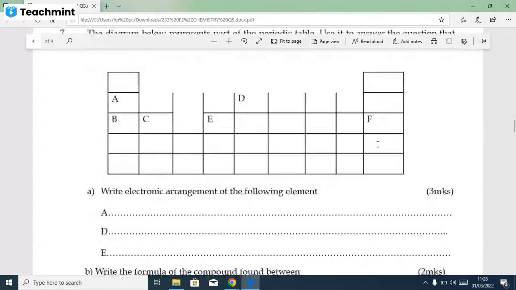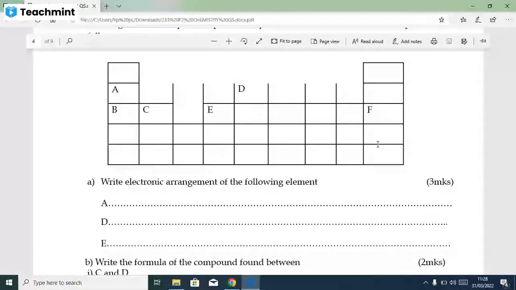So we start with A. Tell me quickly, A, electron arrangement. 2, 1. Correct. D. 2, 4.